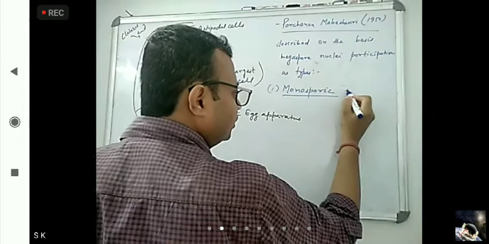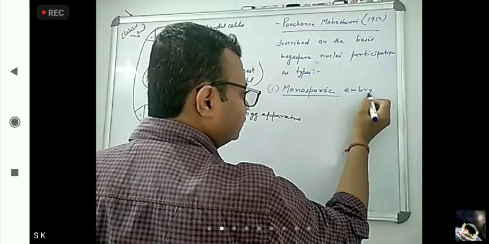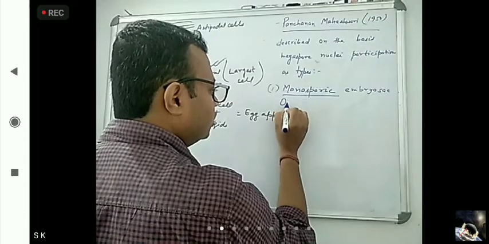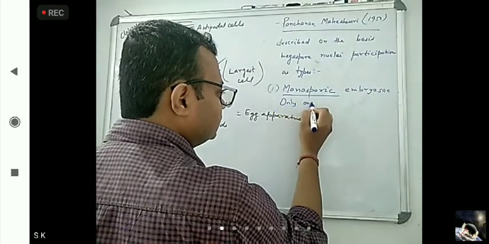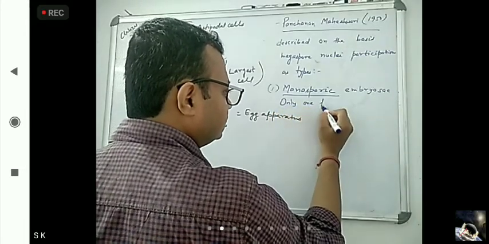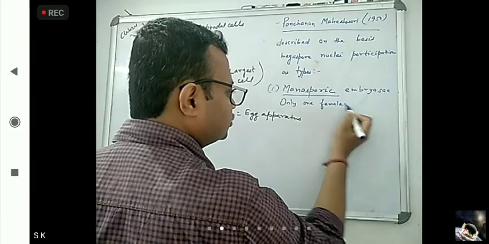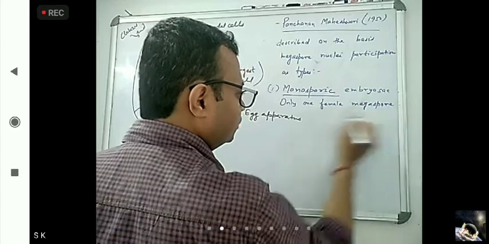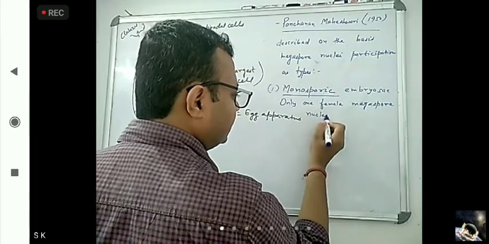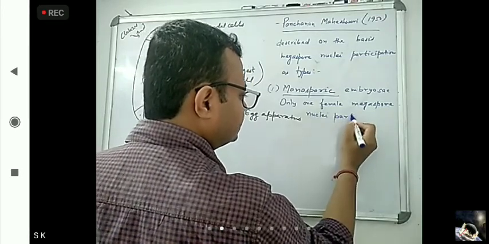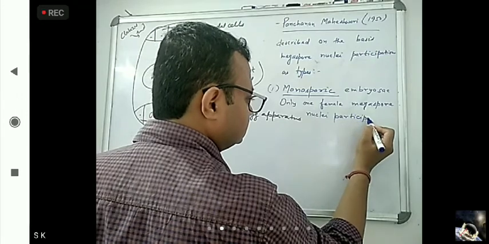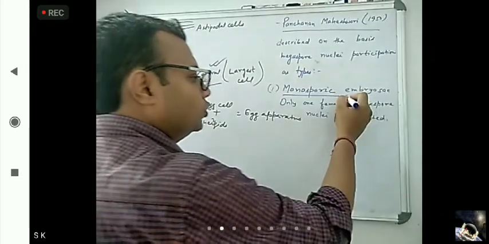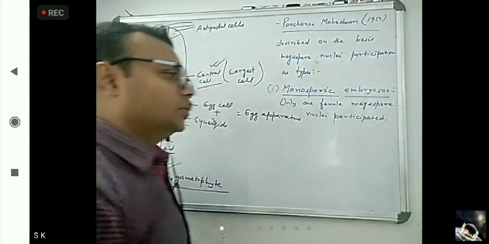So in the monosporic embryo sac, only one female megaspore nucleus participated. That is known as monosporic embryo sac.